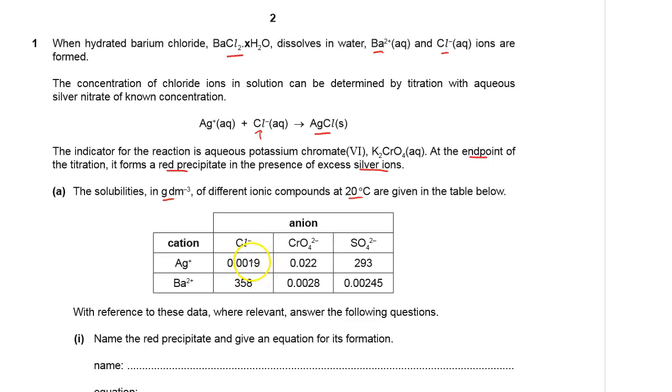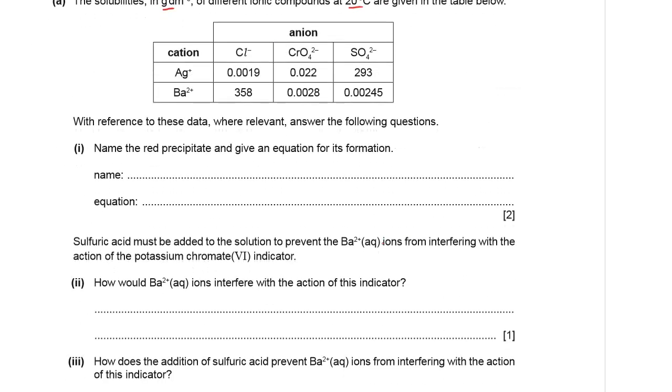You can say it is insoluble because it dissolves very minimally. Also, barium sulfate is insoluble. Barium chromate is also not very soluble; the grams per liter are very low, so it is almost insoluble. With reference to these data, where relevant, answer the following questions.